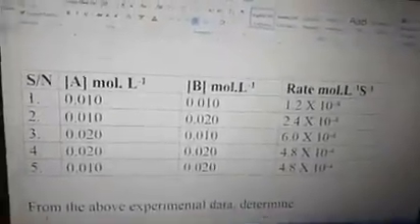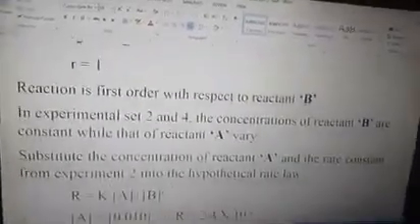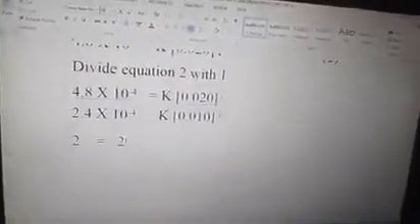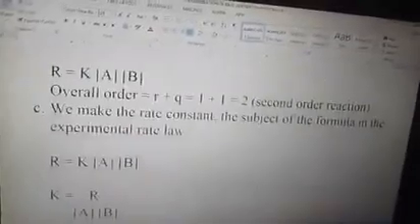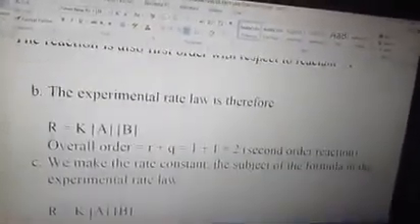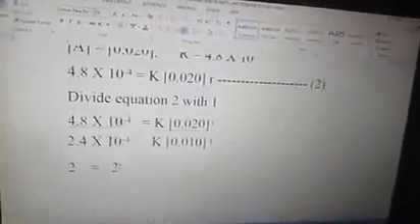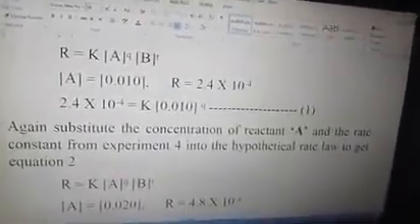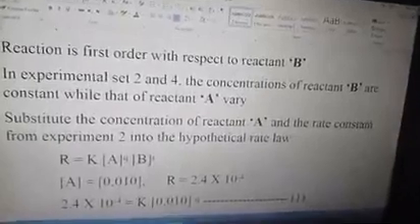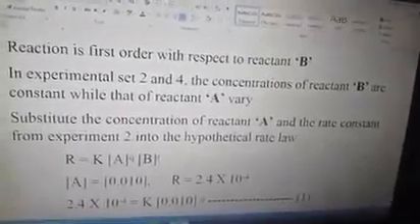So we can now ignore B and use A. So we go back to where we were. We say substitute in experiments 2 and 4.